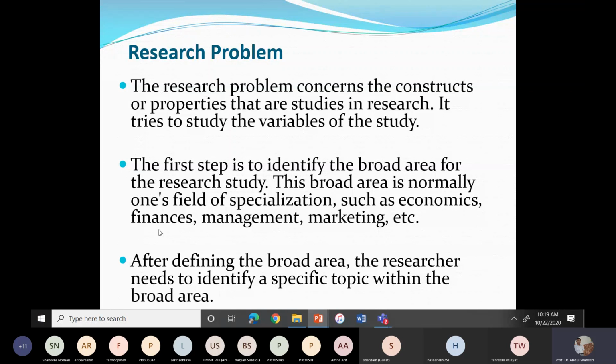Then you can conduct research in a specific area of management, or a specific area of marketing. Okay, so this is the way to define your research problem: first of all you think about your broad area, then within that broad area you have to define your specific topic or area.